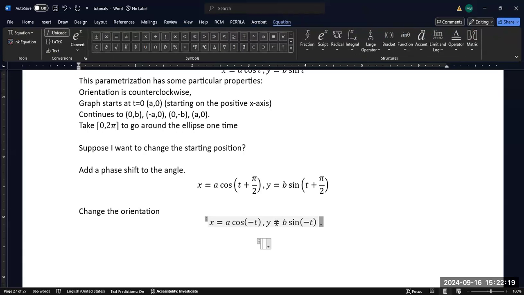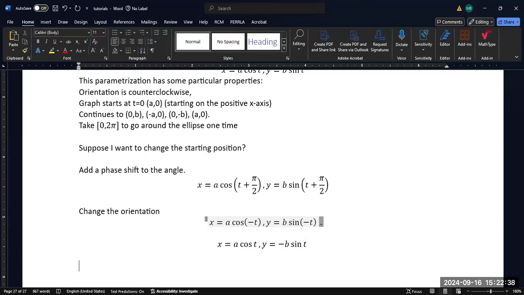Now, the way that this affects the result is that cosine is even, and so it doesn't actually change, but sine is odd, and so the minus sign can come out. So this is the simplified result of this.